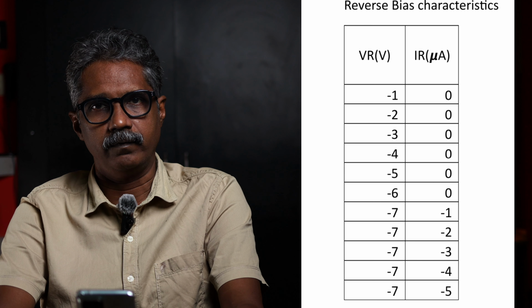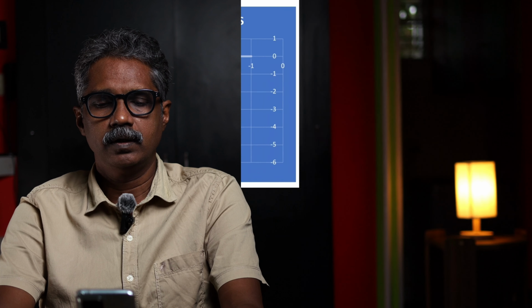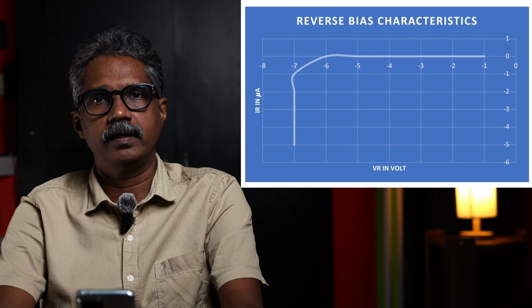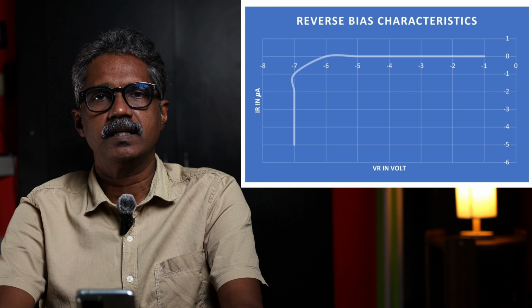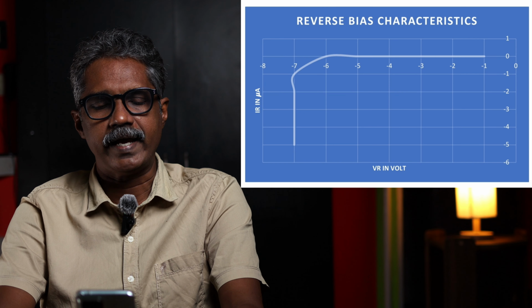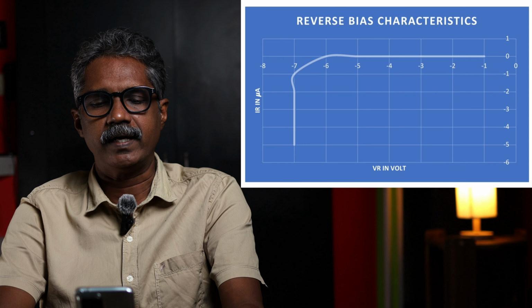Now let us draw the reverse bias characteristics curve. For that, we have the tabulated readings for VR and IR values. So take VR along negative x-axis and IR along negative y-axis. So you are getting a graph like this.